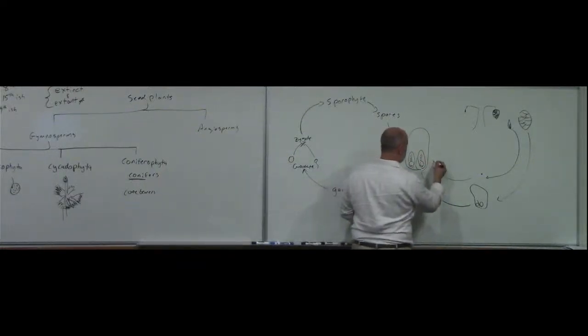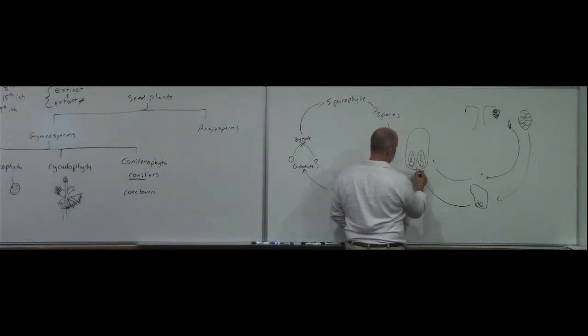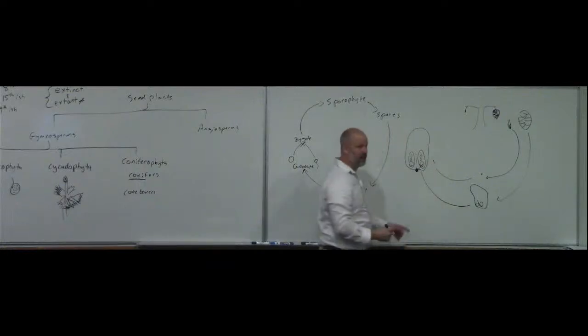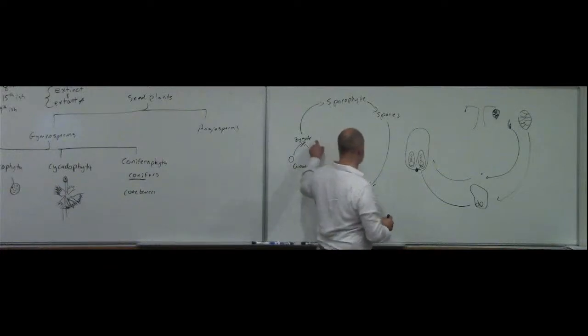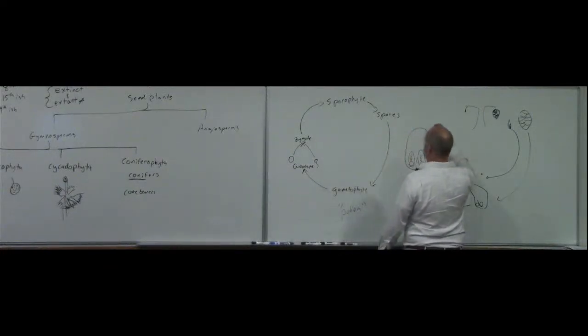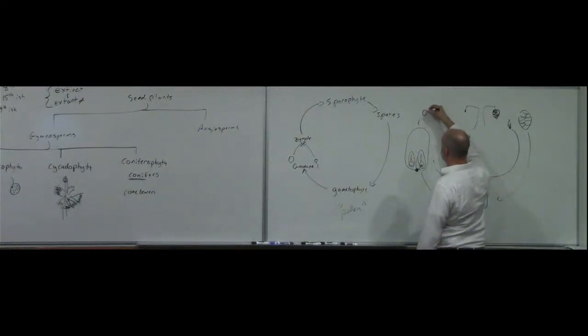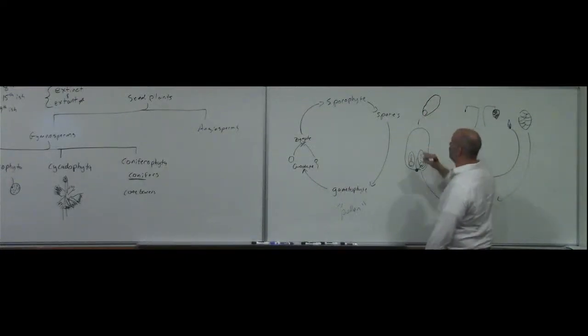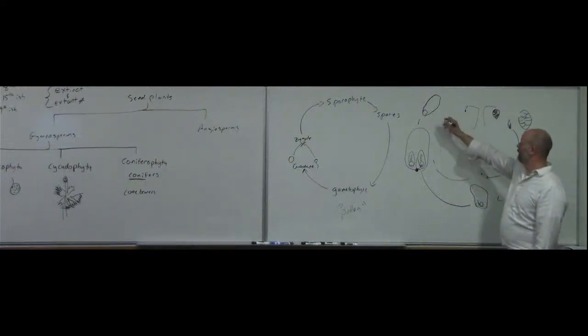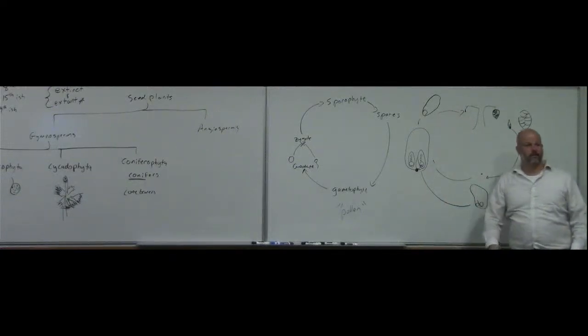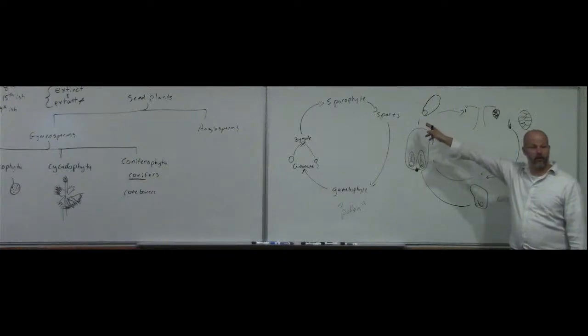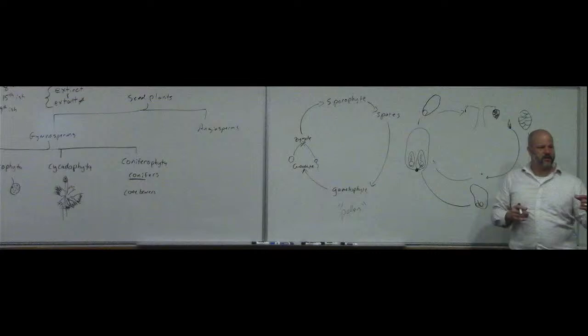This thing lands on it and makes its way and it fertilizes this egg and it becomes a zygote, right? And that zygote is going to grow into a seed, which then will drop out and will grow into a plant.